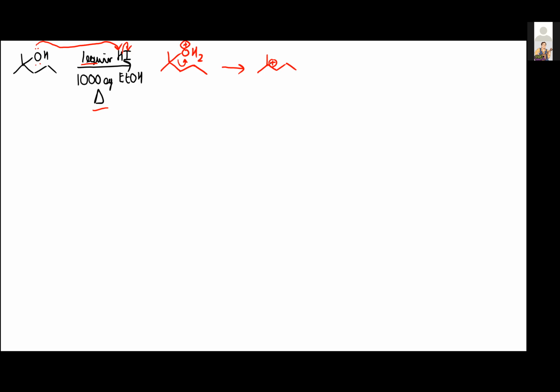We have a carbocation. Now, there is some I minus present. But for every molecule of I minus, there are 1,000 molecules of ethanol. So what is more likely to interact with this molecule? Yeah, ethanol is going to react.